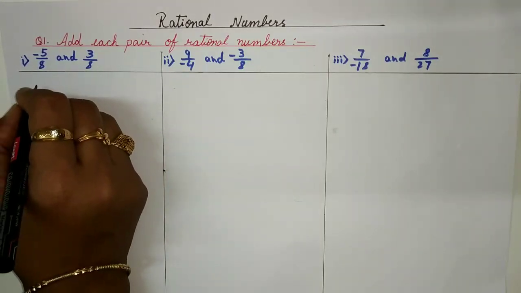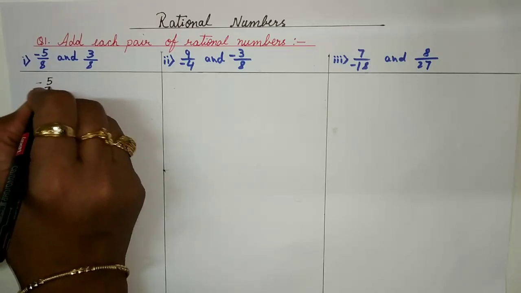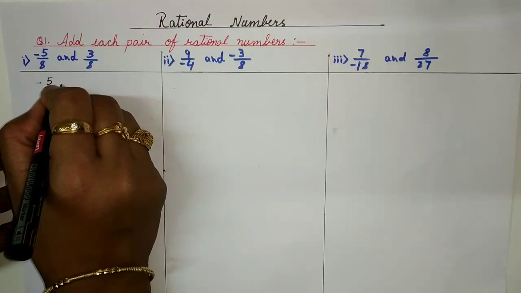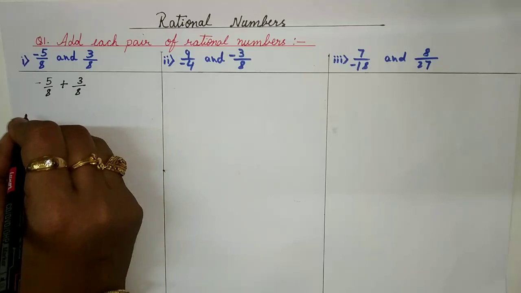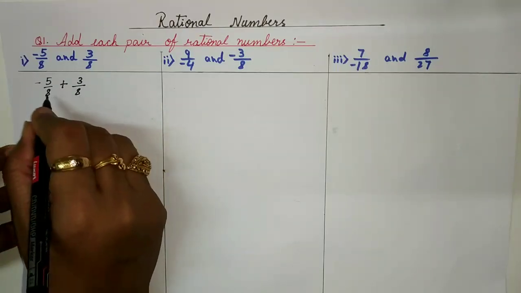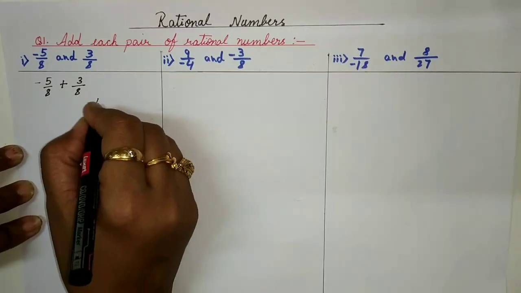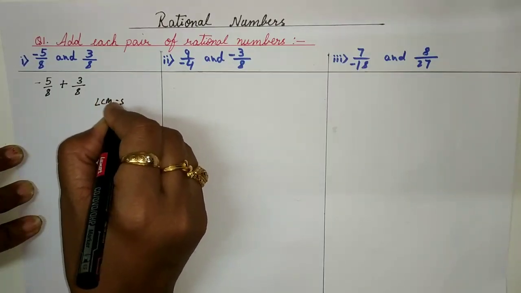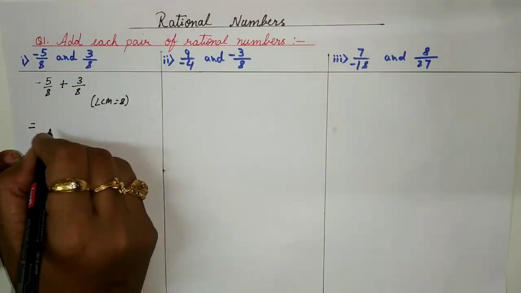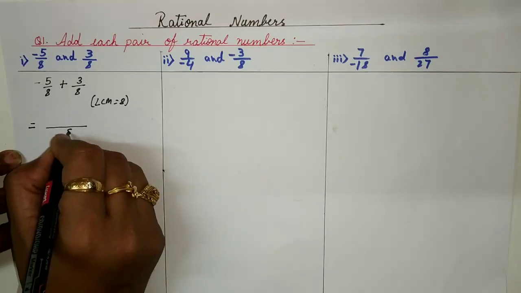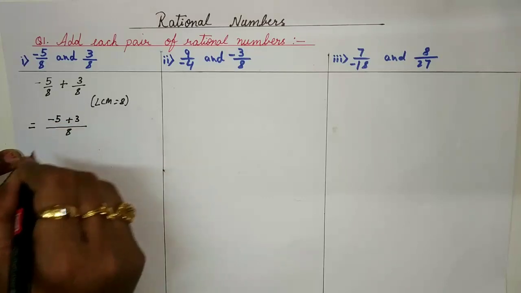and here we go, minus 5 by 8 add, so plus 3 by 8. Since the denominator in both the cases it is 8, so the LCM is also equal to 8. That is equal to common denominator 8, numerator minus 5 plus 3.